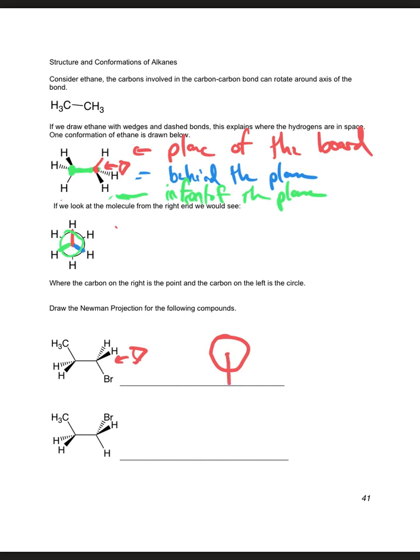The bromine on the carbon in front is going straight down. Then we have the hydrogen coming towards us and the hydrogen going back, as we look at it from where our little eyeball is right here, looking towards that. So then on the carbon in back, the red circle, we have the methyl going straight up and 1 hydrogen down to the back and 1 hydrogen down to the front. Okay, so that is showing the Newman projection for what we have there.